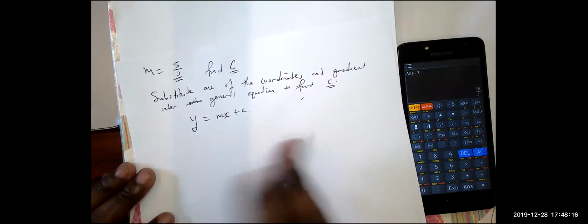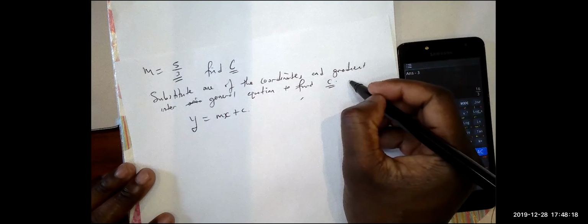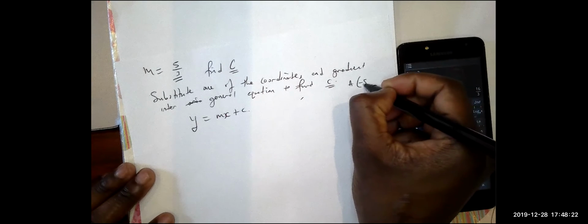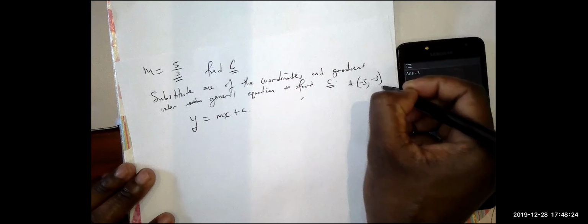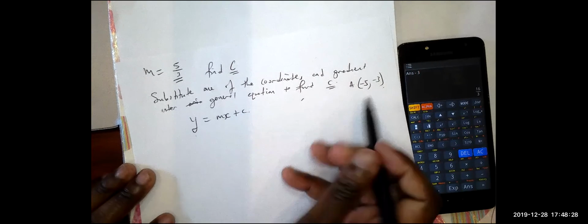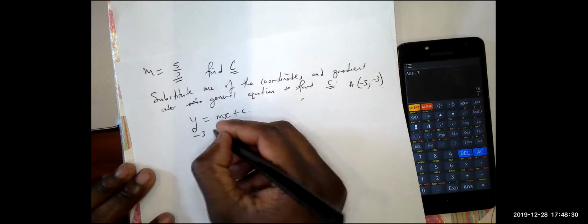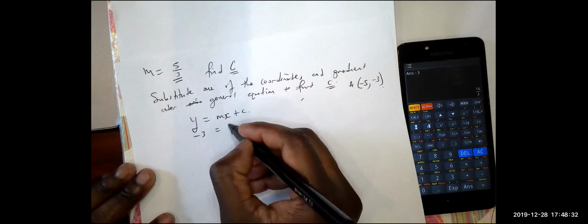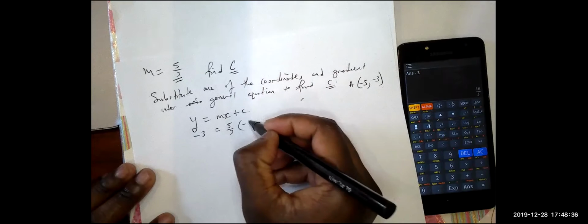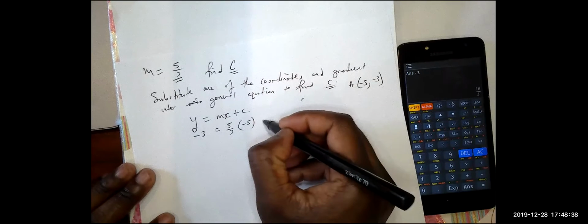Okay. Now we choose an equation. Let's use the same coordinates here. We said A is (-5, -3). So let's just see what we can do here. We're going to say y is -3 is equal to, what is m? 5 over 3. What is x? X is -5. What is c? Plus c, like that.